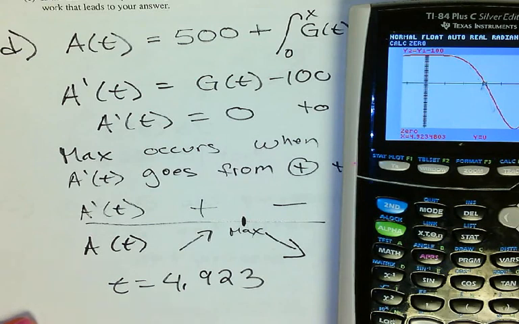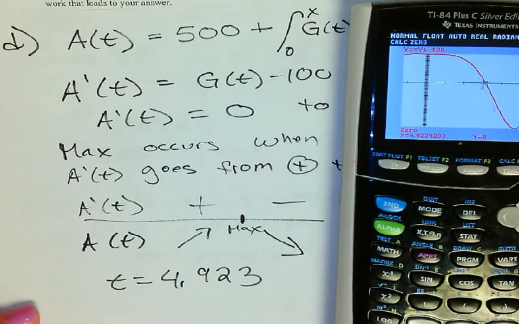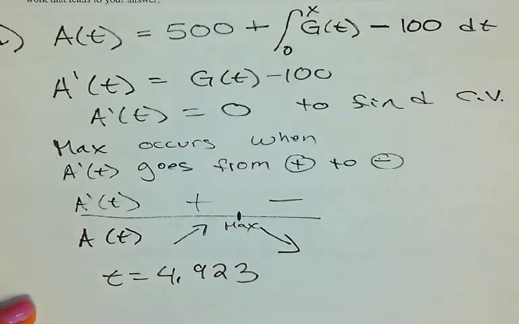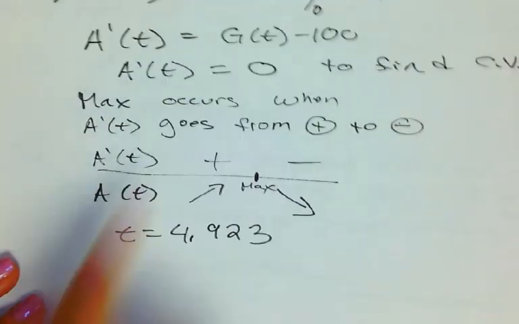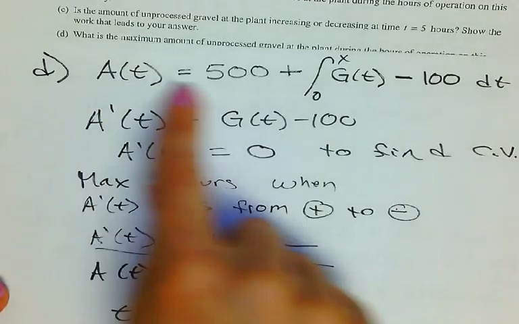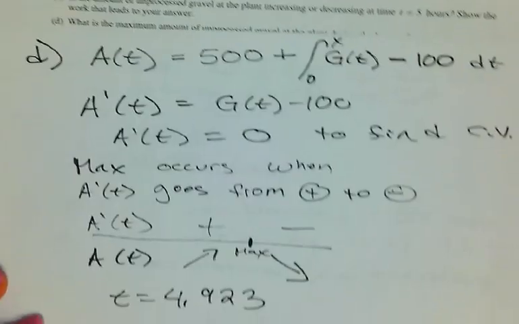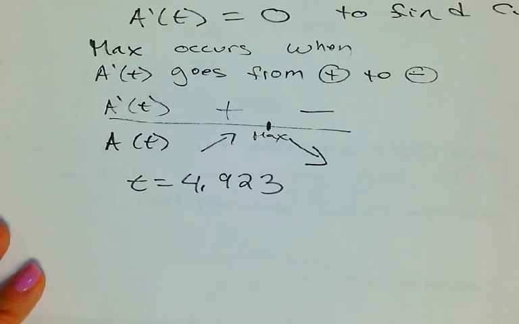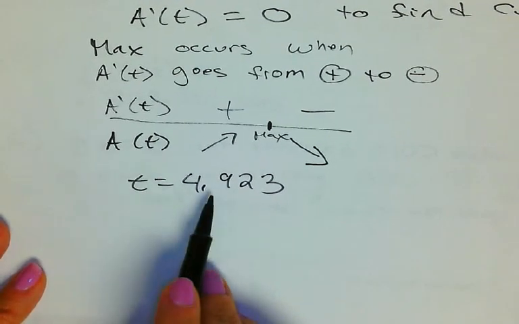Now, just be careful there. I didn't really answer the full question yet. This was worth 3 points. Considering where the derivative equals 0 got you a point, keeping in mind that you already had to establish the amount equation there. Now I need to actually answer the question, because it says, what is the maximum amount?